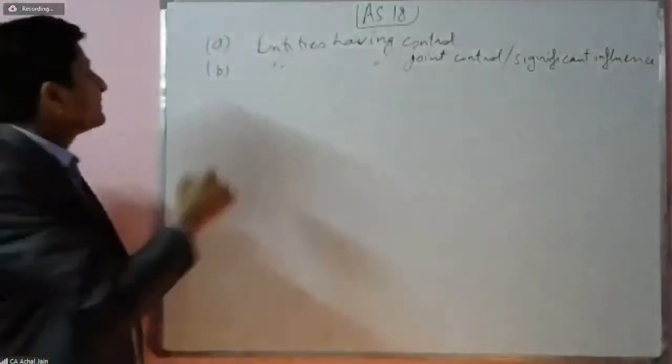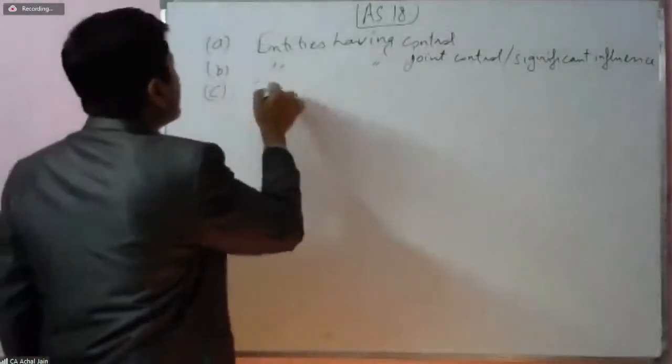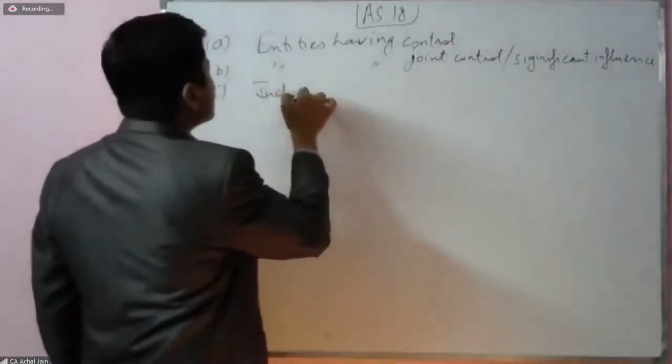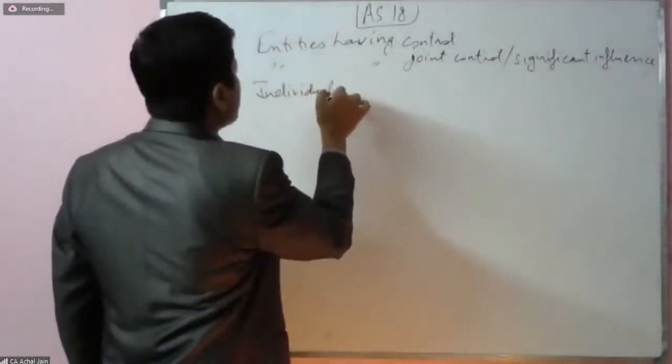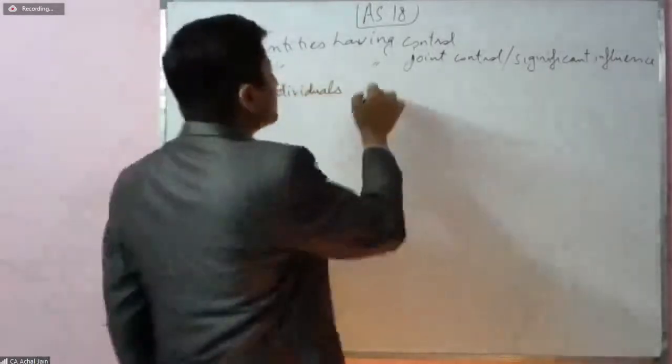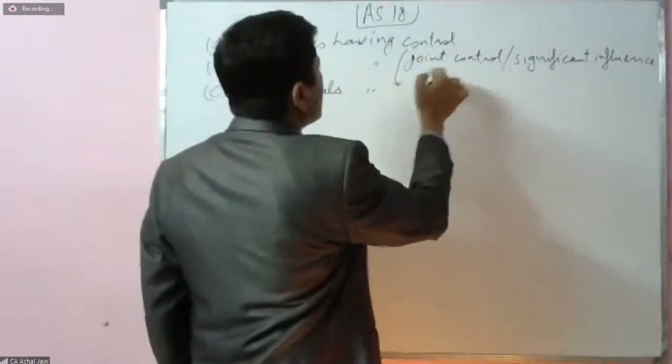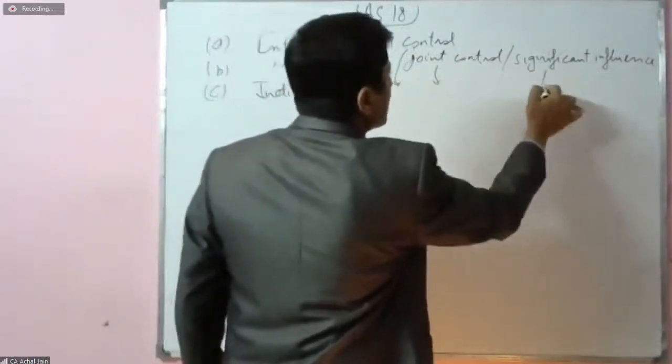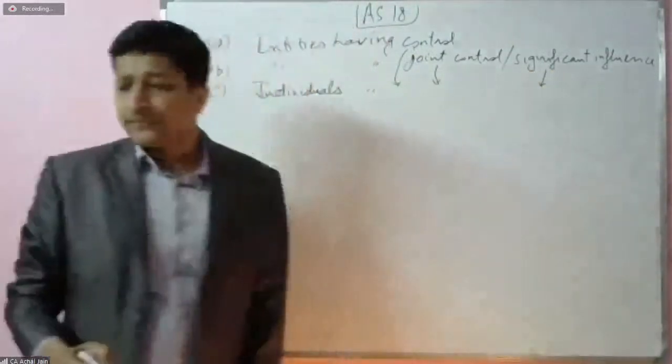Third was wherein individuals are involved: individuals having control, joint control or significant influence.